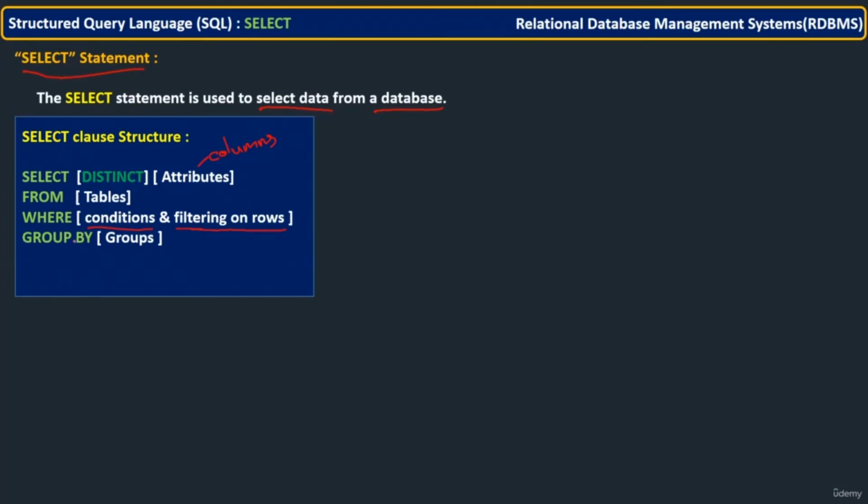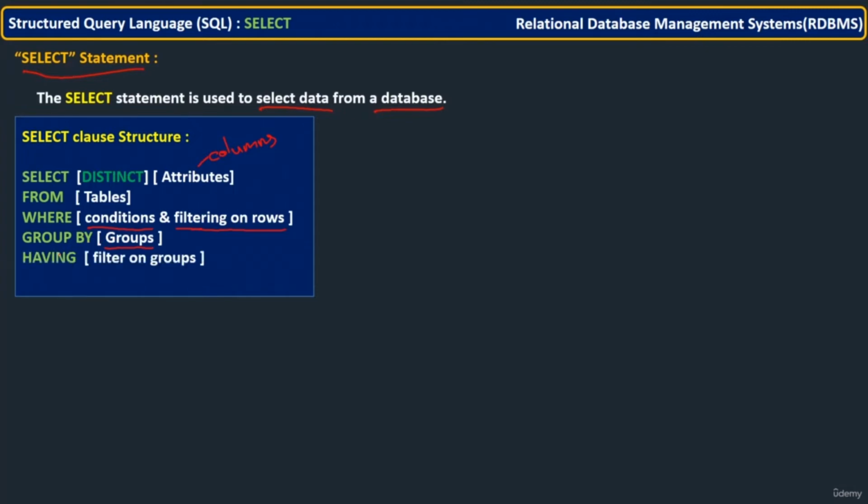And then you are going to have the group by clause. This is especially used for groups. Whenever similar kinds of data are there under any column, you are going to group all the similar data, and on that group you want to work. We will see that very clearly in a separate lecture.